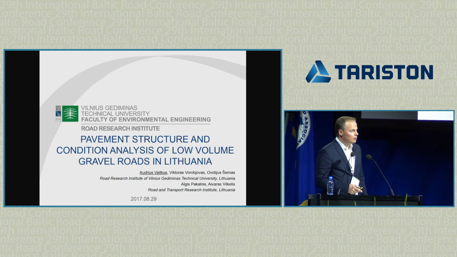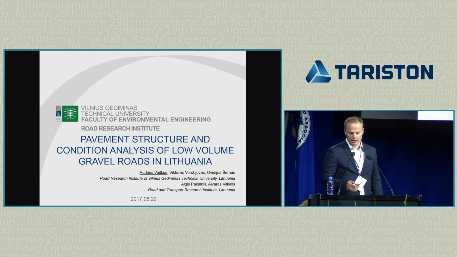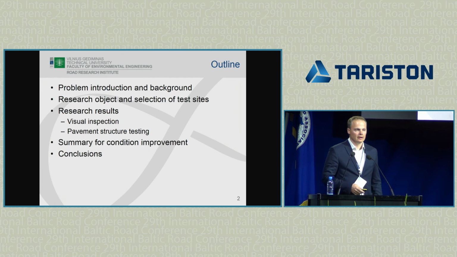So today I will talk about the gravel road situation in the Lithuanian road network, and you will see that we still have a lot of those roads in Lithuania. The outline of the presentation is that we have to solve quite difficult problems regarding gravel roads and environmental factors. Then, shortly, the objective and selection of the test sites, how we performed it and how we decided which sites should be tested.